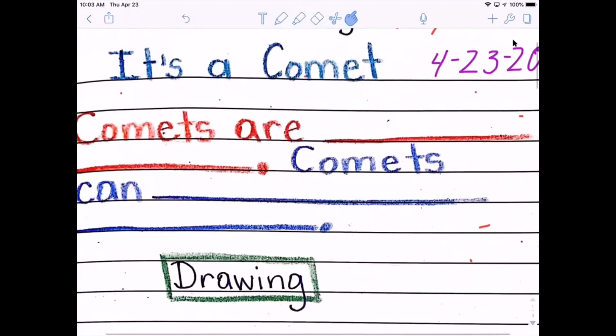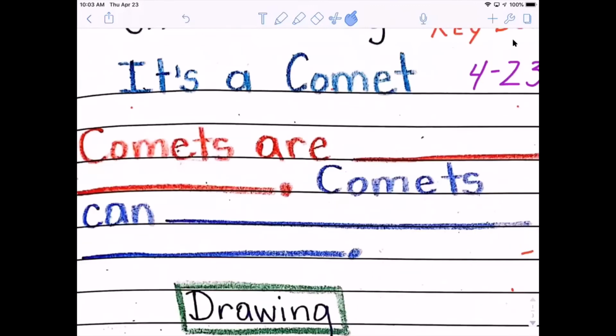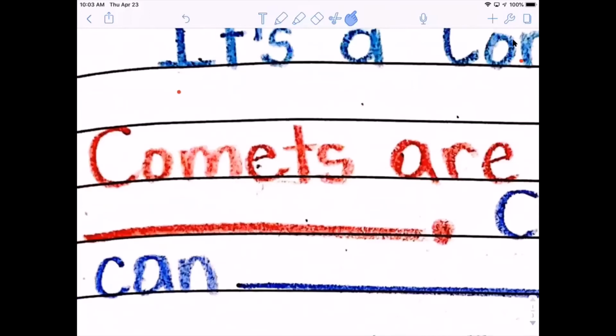Okay. And now you're going to copy the red words. Comets are, okay, the red words only. The red words, only the red words. Comets are, okay.